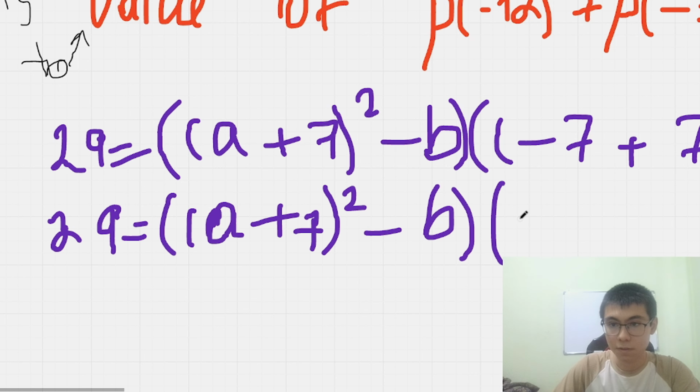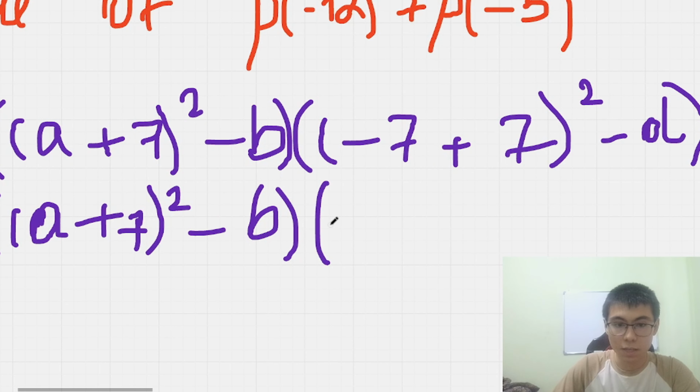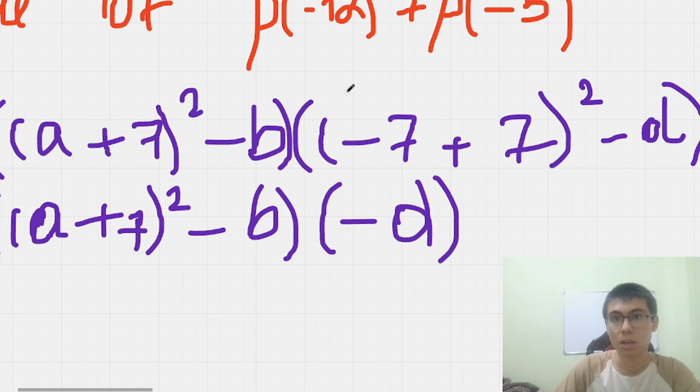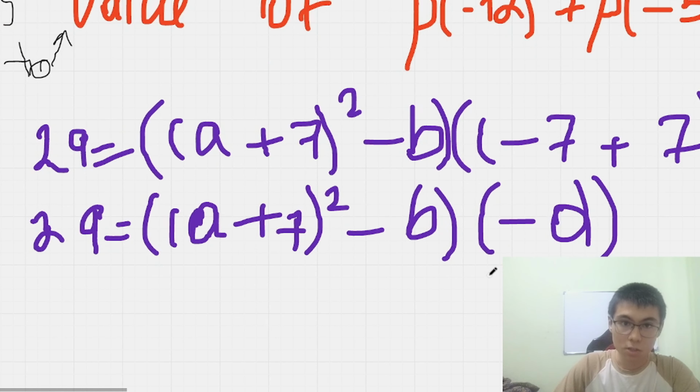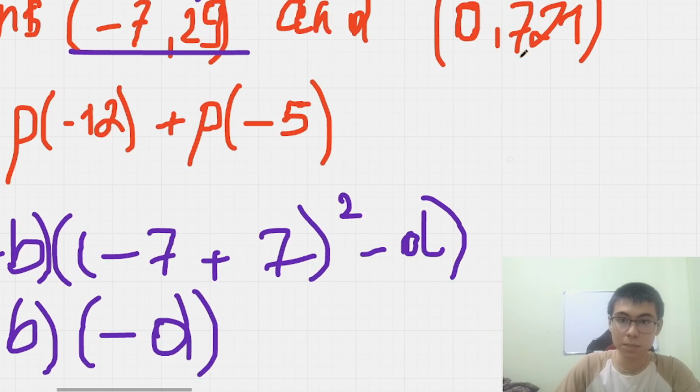We can actually put minus d here because we already eliminated zeros here. So we have the next points.